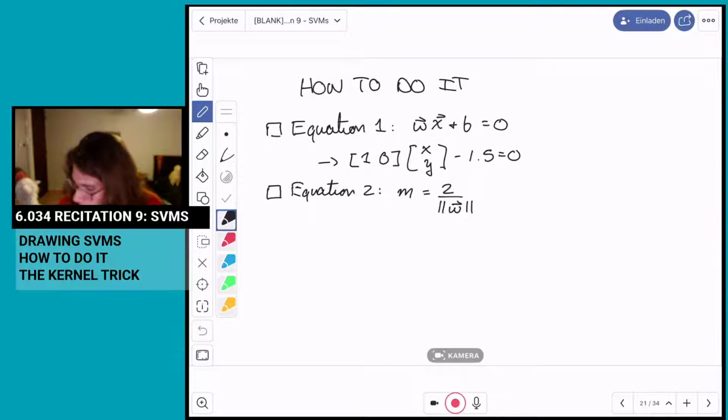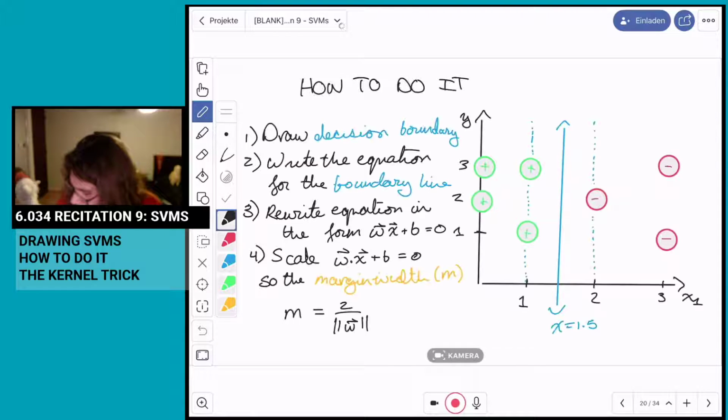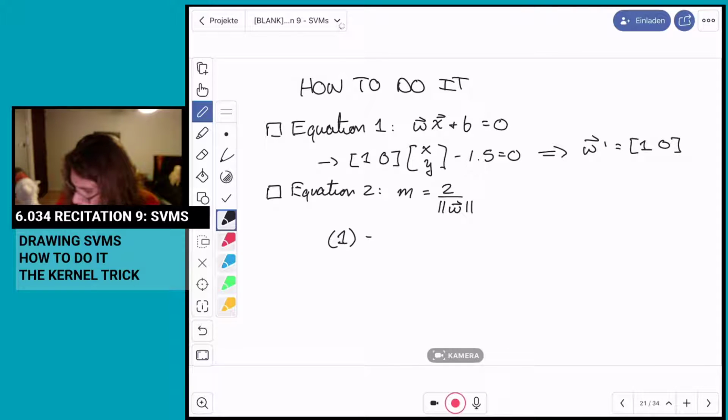Okay, so from this equation in maybe 2 whiteboards ago, we got that the W vector prime is equal to 1, 0. And now we have equation 2, and I'm just going to apply that m is equal to 1 from there's 0.5 plus 0.5 equal to 2 over the magnitude of W vector, which means that the magnitude of the W vector is equal to 2.